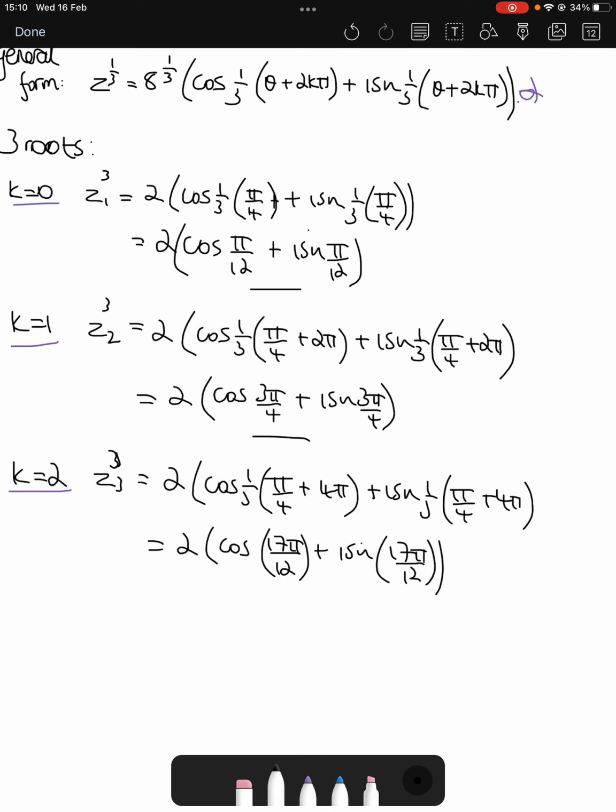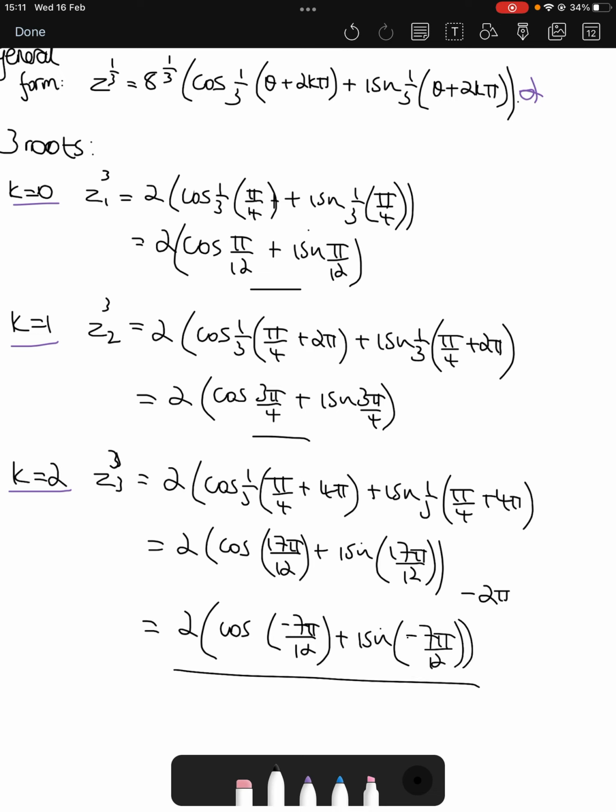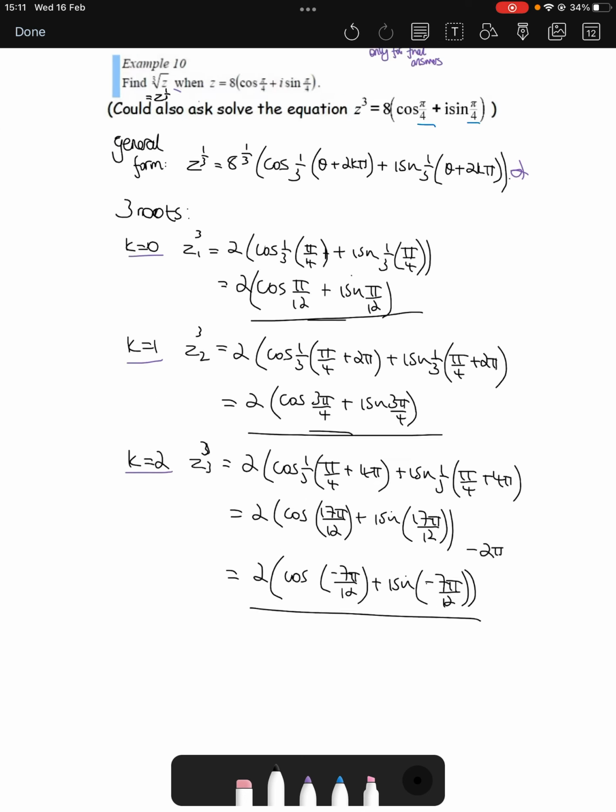So anyway, I'm going to take away 2 pi, and I'm going to get 2 cos of minus 7 pi over 12 plus i sine of minus 7 pi over 12. These questions do tend to be in a calculator paper, so just use it for your fractions. So those are your 3 roots.